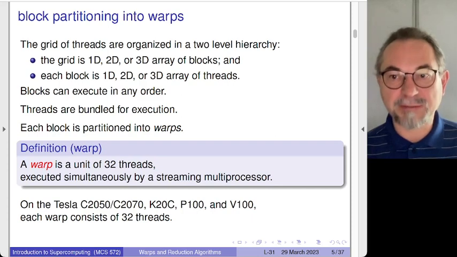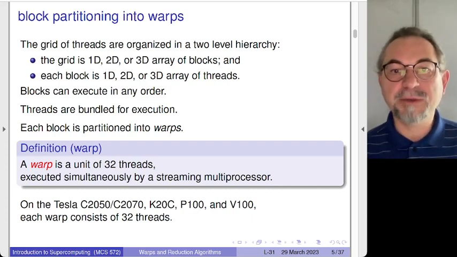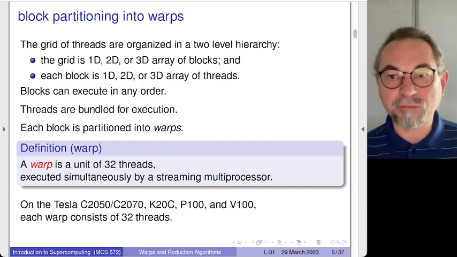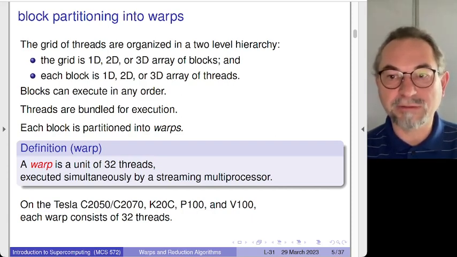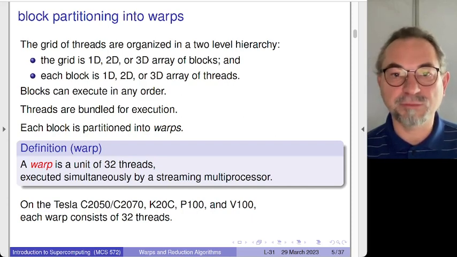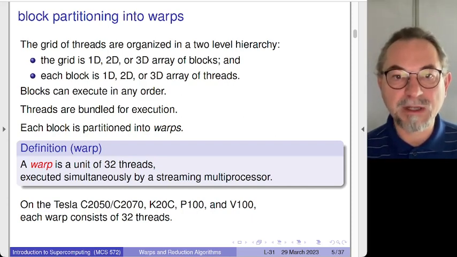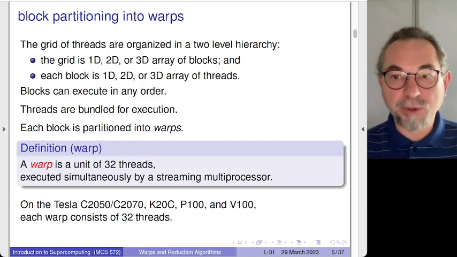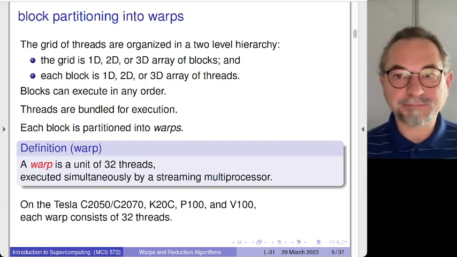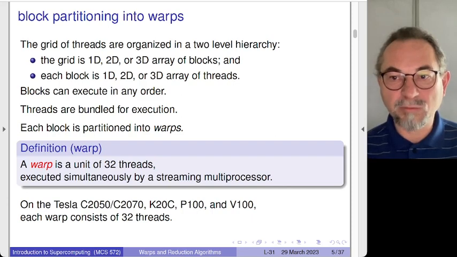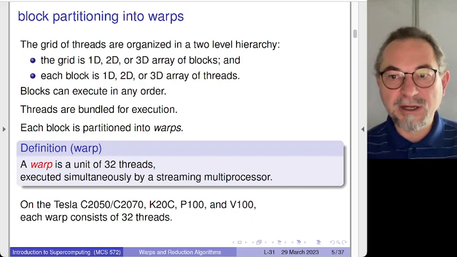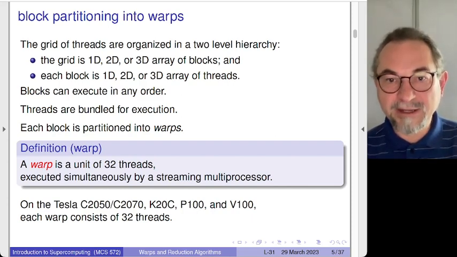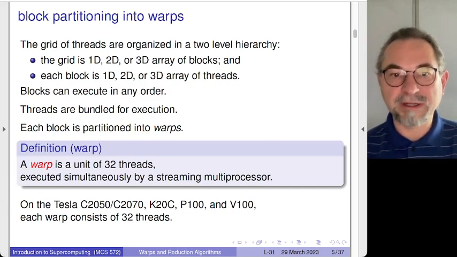In this application, it will be one-dimensional, but it can be two-dimensional or three-dimensional, which are often quite useful when it comes to matrix multiplication. A block is an array of threads. So when the kernel gets launched, we define the instructions for every thread in a block and a block inside a grid.